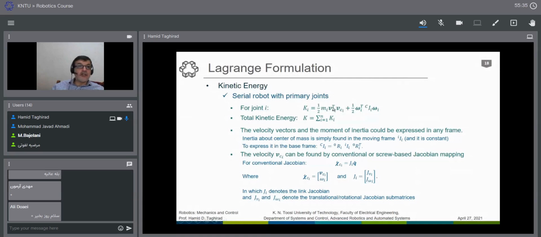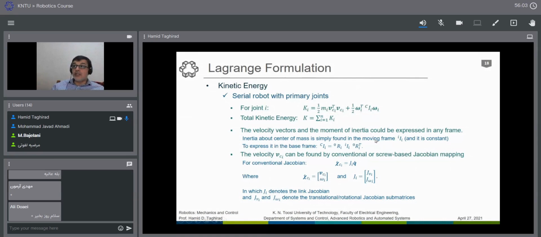So we can consider it in the zero frame or the final frame, whichever is easier for you. And you remember that when we were finding the Jacobians, we could find the velocity with respect to any frame, any mid-frame, but in general, if there is no preference, we start with the zero frame and find everything with respect to the zero frame as the general formulation.